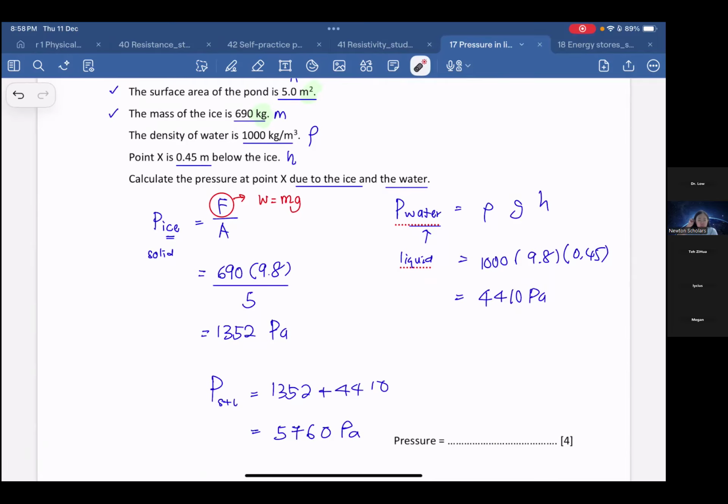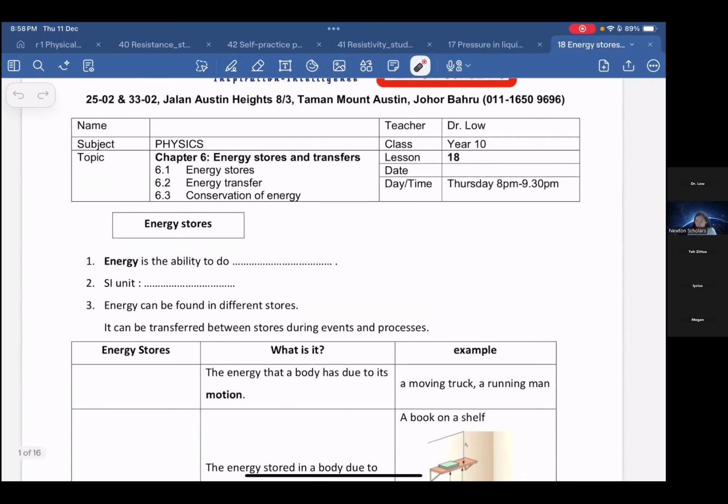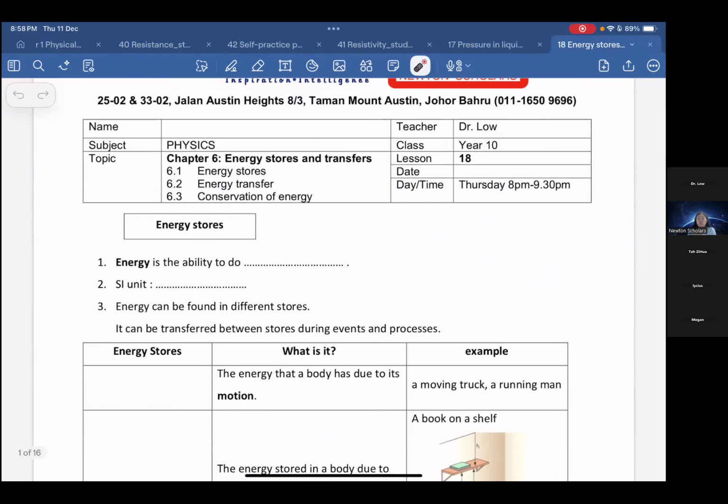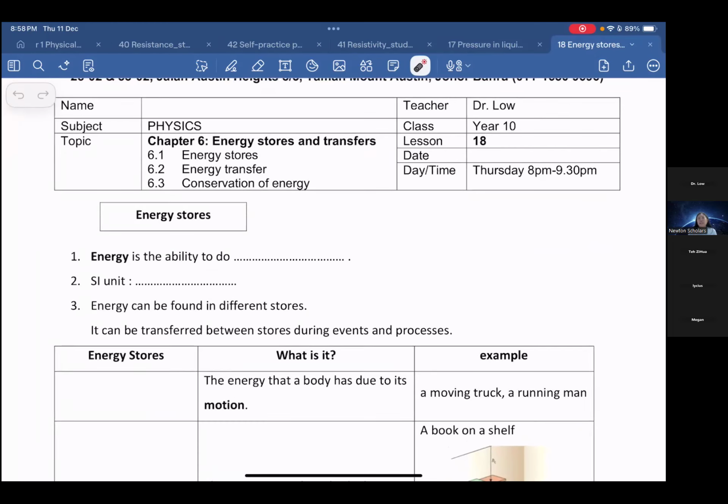Okay, now boys and girls, we go to lesson number 18. Basically chapter 6 we already complete. We come to the new chapter about energy store and transfer. We understand that energy cannot be created, cannot be destroyed. It can only be transferred from one form to another form.